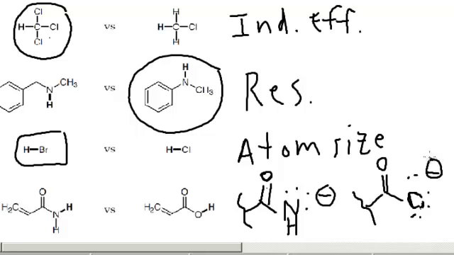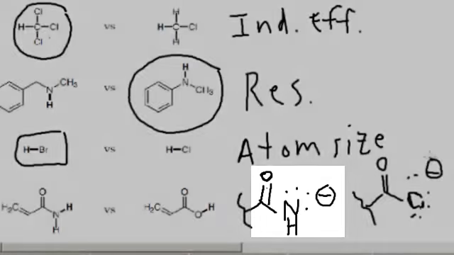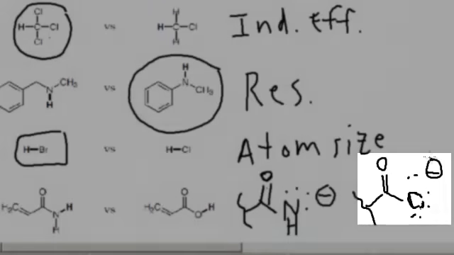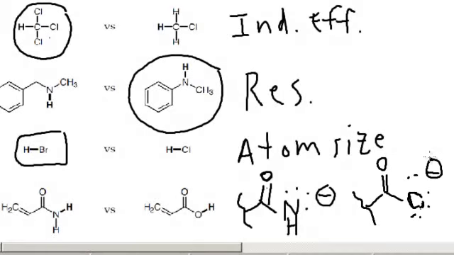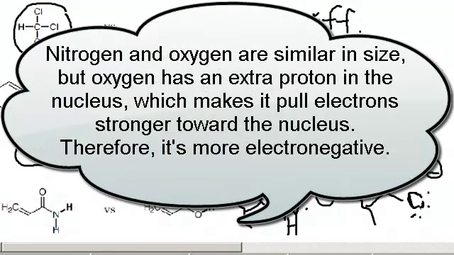So in these 2 compounds, we've got a negative charge on a nitrogen, which is attached to a C double bond O. And we've got a negative charge on an oxygen, which is attached to a C double bond O. So which of these 2 would be happier with a negative charge? This is a familiar concept. You're used to thinking of the idea of electronegativity. So the oxygen, which is more electronegative, would rather have the negative charge, whereas the nitrogen, which is less electronegative, would be less happy with the negative charge.